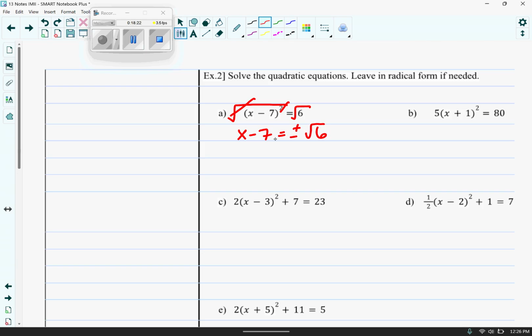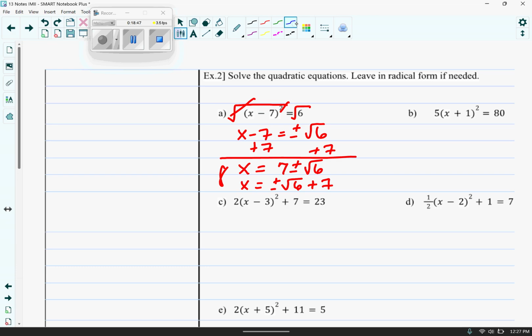I still need to get x by itself, so we're going to add 7 to both sides. So now I get x is equal to, you can either do 7 plus or minus radical 6, or you could say it's equal to plus or minus radical 6 plus 7. Either way, it's the same thing. I'll take it either way.